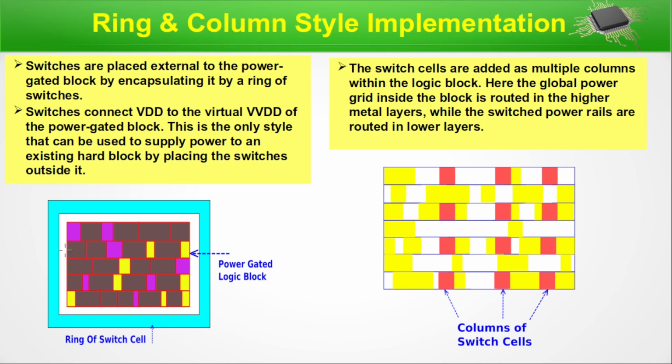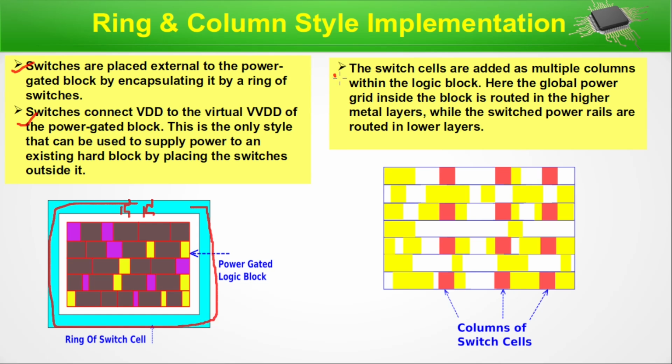This is the core logic block and switches are here like this. All the switching cells are arranged this way like a ring around it. Switches connect VDD to the virtual VDD of the power gated block. This is the only style that can be used to supply power to an existing hard block by placing the switches outside it. This is a method. This is the ring of switch cells.